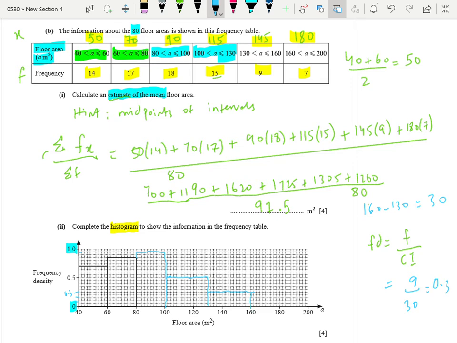Right? Okay, so what about the last one? Last one is asking you for a frequency of 7 and a class interval of 200 minus 160, that is 40. So 7 over 40, you can just calculate on the calculator.